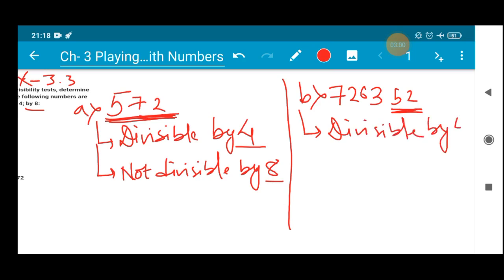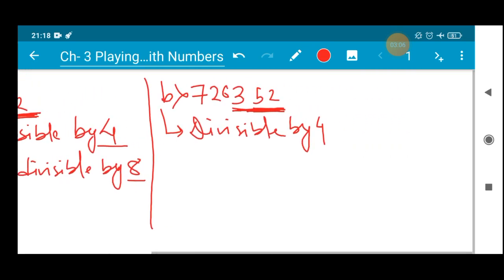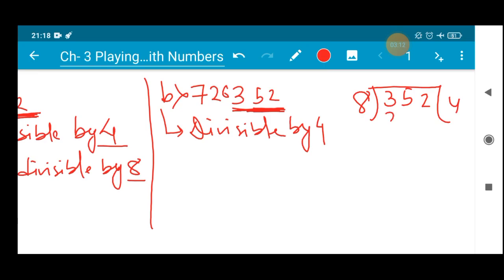In order to check by 8 now, we have to see the last 3 digits. So let's check that also. 352, 4 eights are 32, 5 minus 2 is 3, and 4 eights again are 32. Sorry, again here I have written the wrong number.